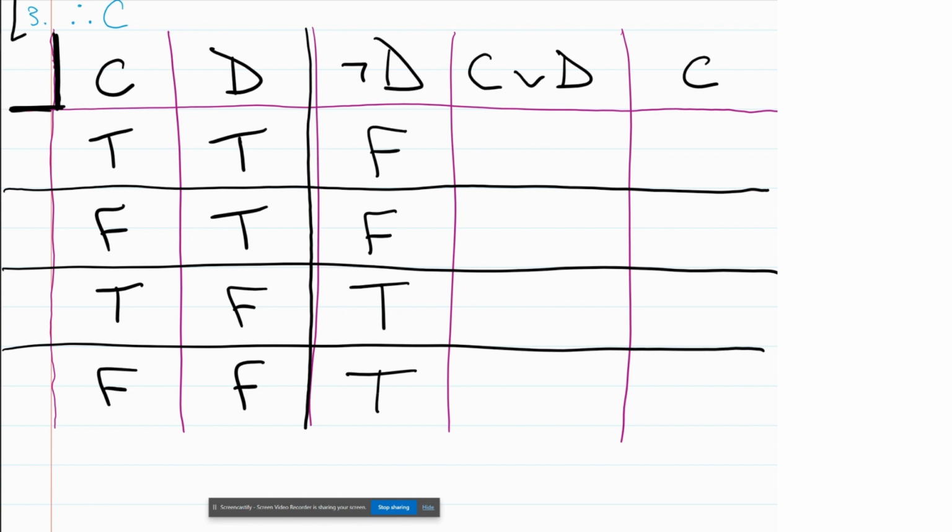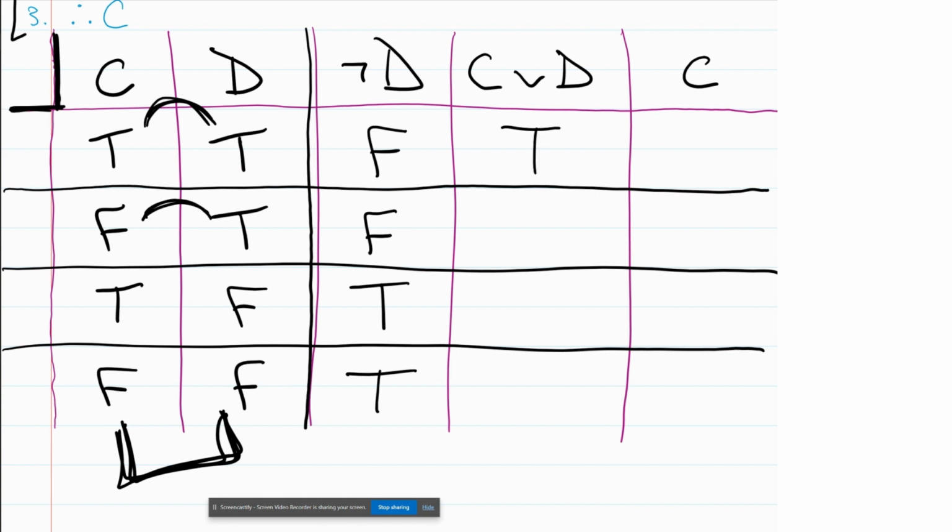When we look at the next column, C or D, a disjunction is true just in case at least one of the disjuncts is true. So anytime either C or D is true, the whole disjunction is going to be true. We only need one true. And remember, we're looking at these two columns because these are the disjuncts, C and D. In the first row, both C and D are true, so that's obviously true.